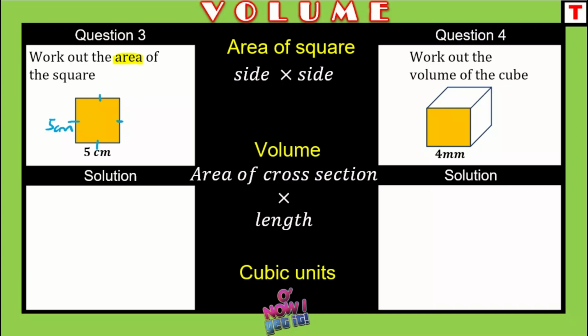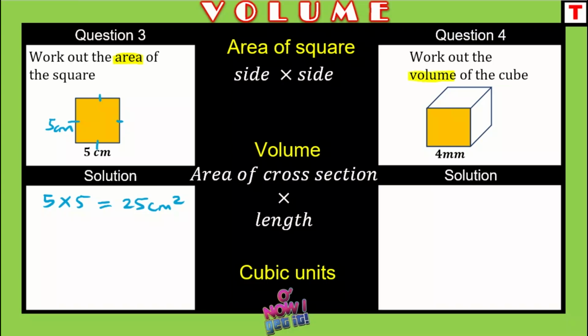Therefore, side multiplied by side would just be 5 multiplied by 5, which is going to give us 25. And the unit is centimeters, so therefore this is going to be centimeter squared for the area of the square.